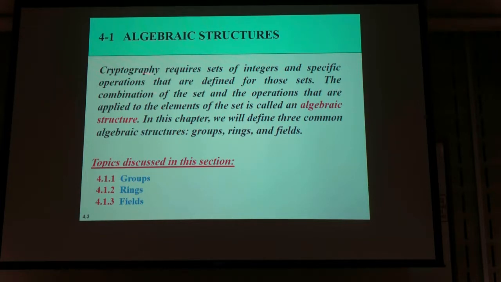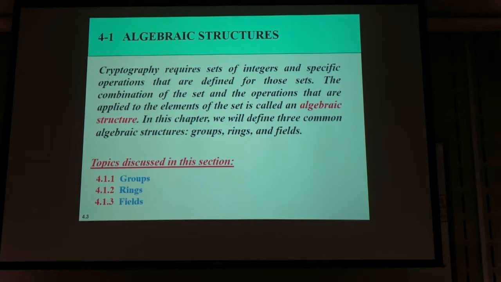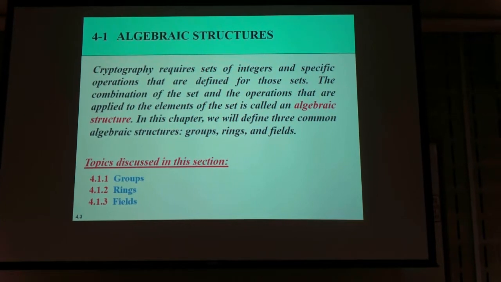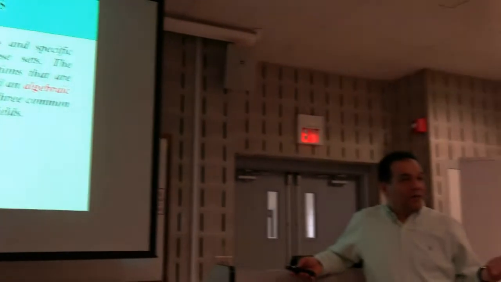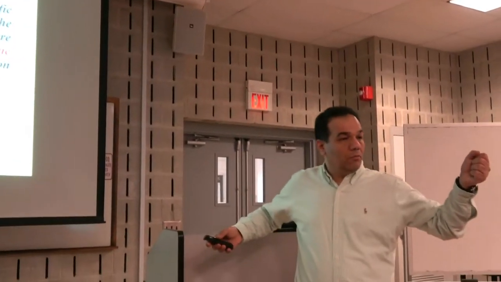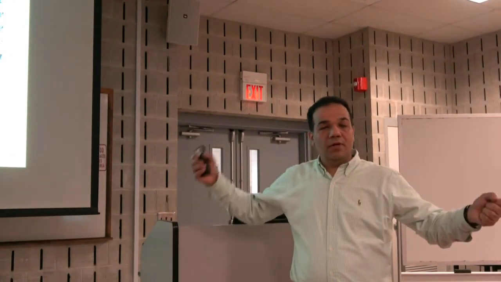So as we know, cryptography requires sets of integers and specific operations. So we have integers and operations, all right? And we call them binary operations. Binary means there is one element, and there is an operation. So addition is a binary operation.